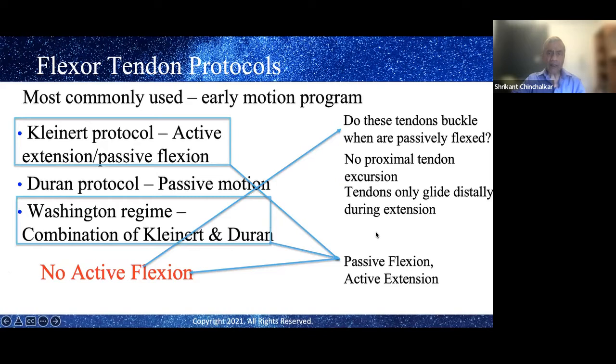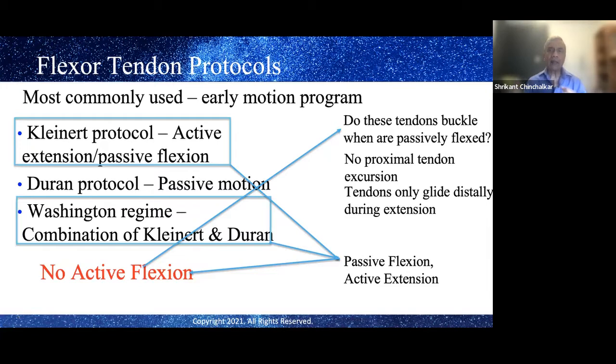However, when the patients perform active extension against rubber band traction, we can very well see that the tendons only glide distally during extension, or the resisted extension these patients perform against the rubber band traction. However, the rubber bands pull the fingers abruptly into flexion.